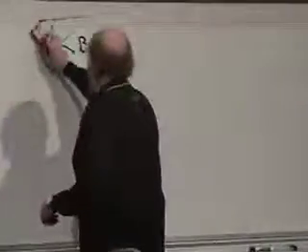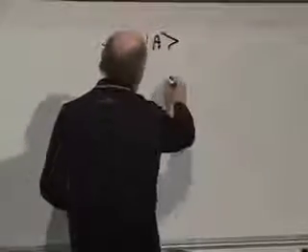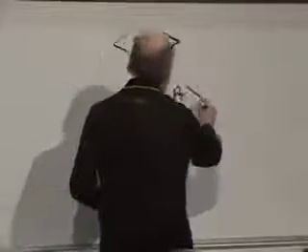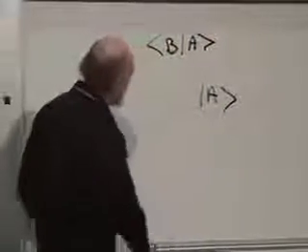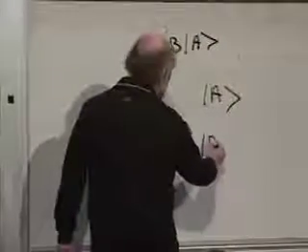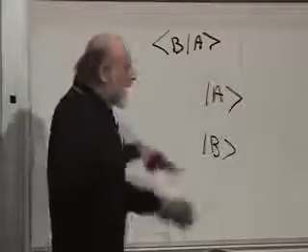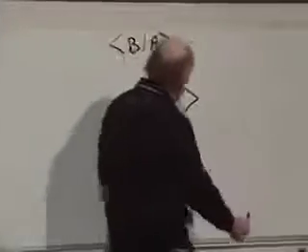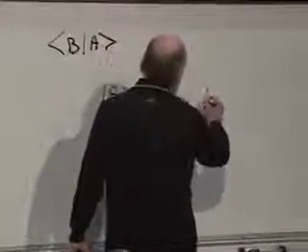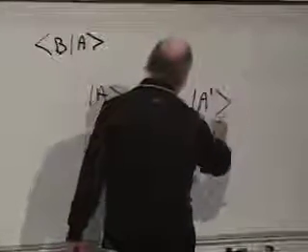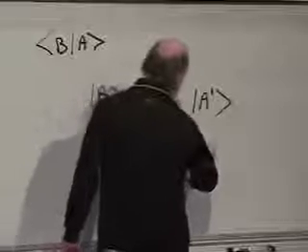In other words, as time goes on, let's suppose we start a system with state A, another identical system we start with B. A and B have an inner product between them, and we let them run with time. A runs to A prime. B runs to B prime.